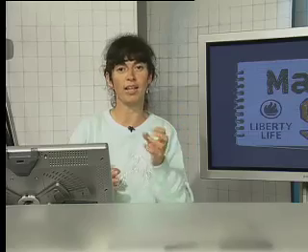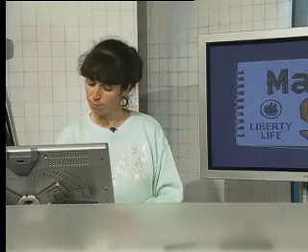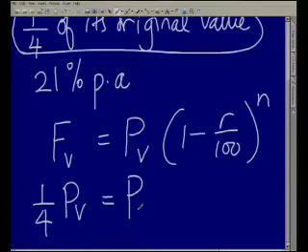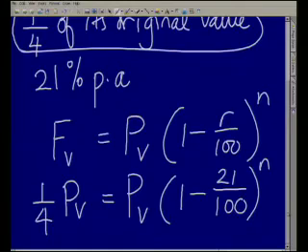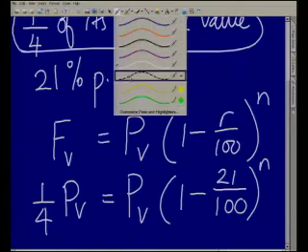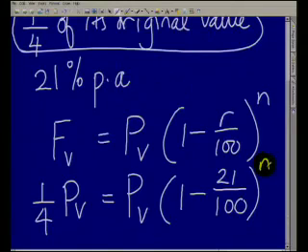So let's say the original value is 100, for example, then a quarter of 100 would be what we would be requiring for the future value. So a quarter of P is equal to P multiplied by 1 minus the rate that we are given, 21 over 100, to the power of n. And our job is to try and find what that value of n is. So we're trying to solve for n.